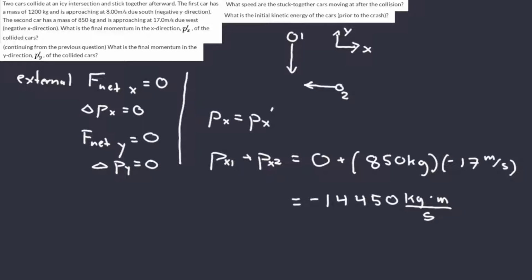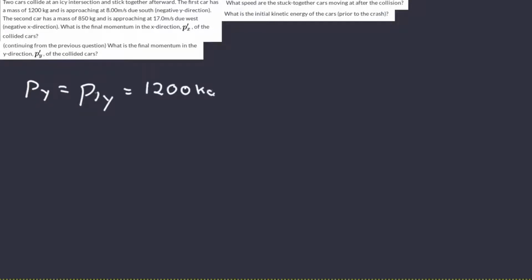So if we continue on to the second question, it follows the same logic. We just need to find the y momentum of the first car in this case. And that's just the mass of the first car, 1,200 kilograms, times its speed, which is 8 meters per second.